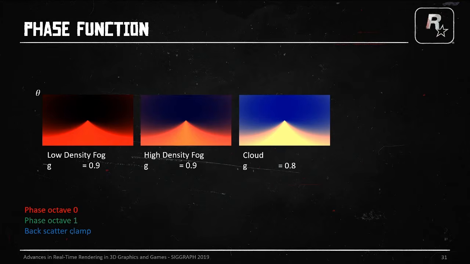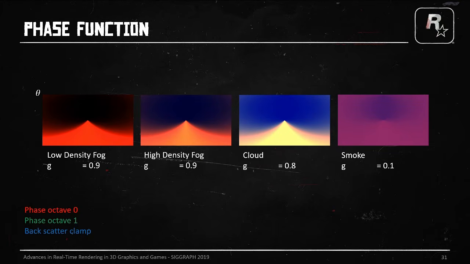And for cloud material, which is strongly scattering but has a low absorption, we have still high anisotropy, but a much stronger backscattering effect as well as secondary lobe. And for material like smoke, where the absorption is very high and the anisotropy is almost isotropic, we have a very strong backscattering effect.